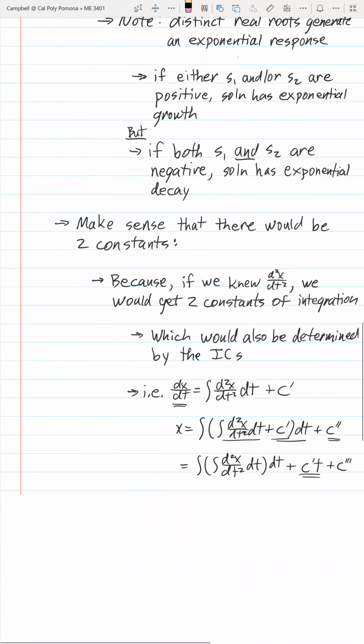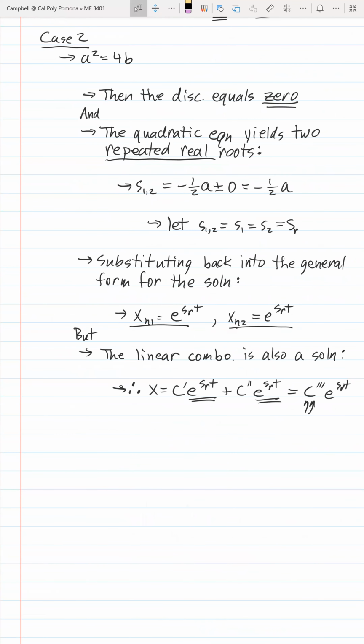But when I come back down here, my basis functions are dependent because I can develop a quantity here that exactly eliminates that quantity there. I just choose negative C double prime for C prime, and it would always wipe it out, indicating that my two basis vectors are dependent on each other.